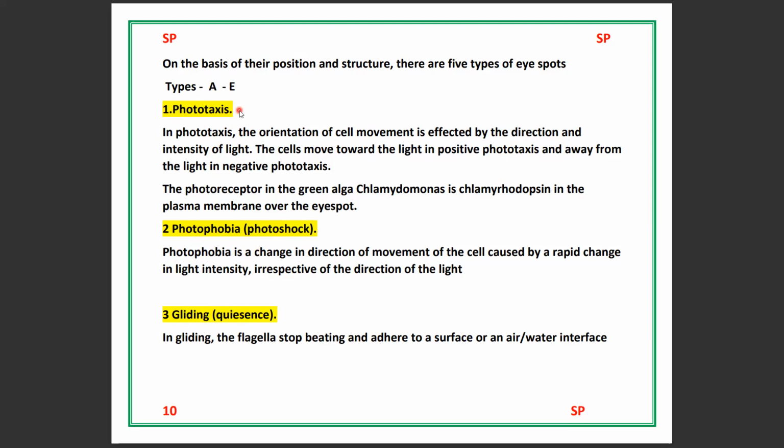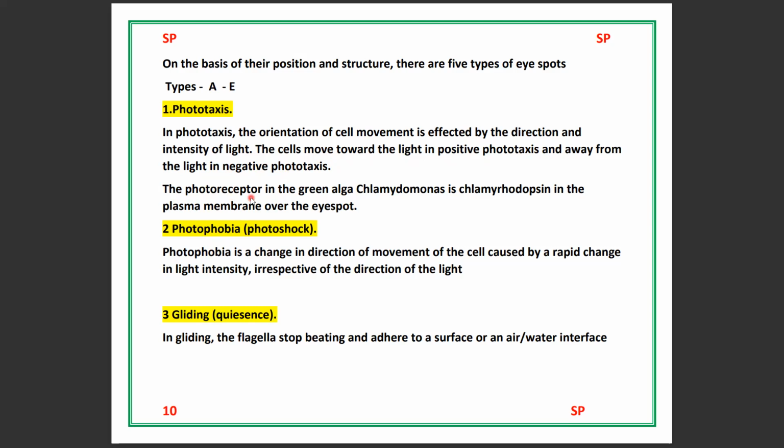The cells move towards the light in positive phototaxis and away from the light in negative phototaxis, unlike photophobia.